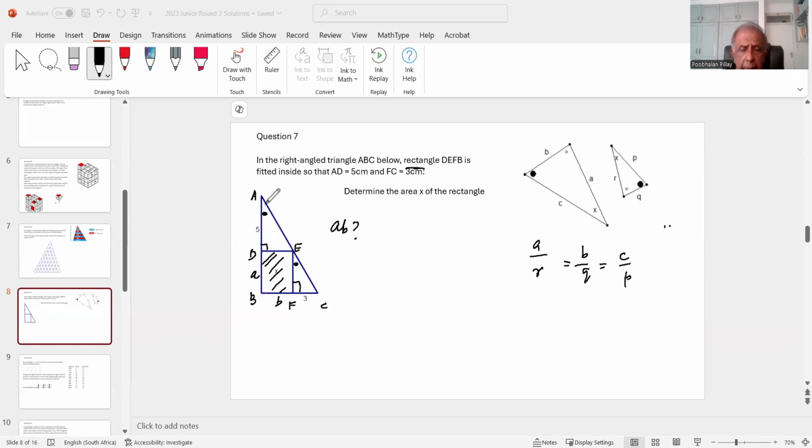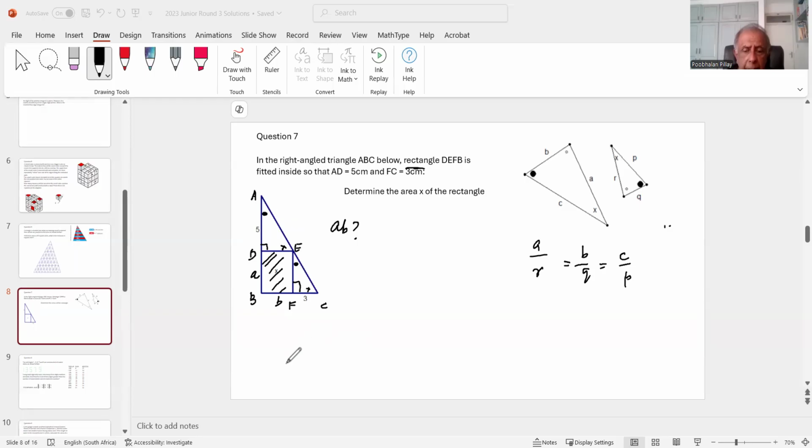These are corresponding angles. You drop this thing down. So you'll notice that these two triangles have the same angles: dot, 90 degrees, and of course the remaining part, these are also corresponding angles. So they have the same angles.